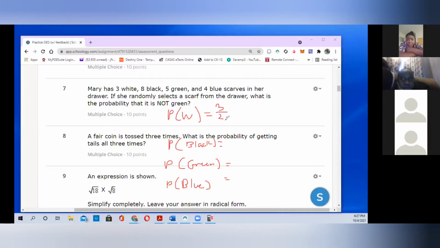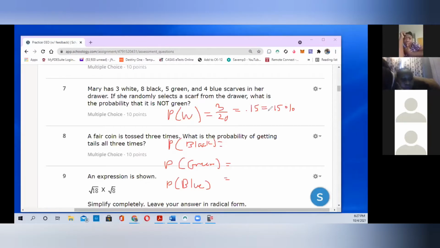Remember, it's what you're looking for: 3 whites over the total number of scarves, 3 over 20. So 3/20 could be 0.15 or 15%. So the probability of sticking your hand in the drawer and picking out a white scarf is 15% or 3 out of 20.